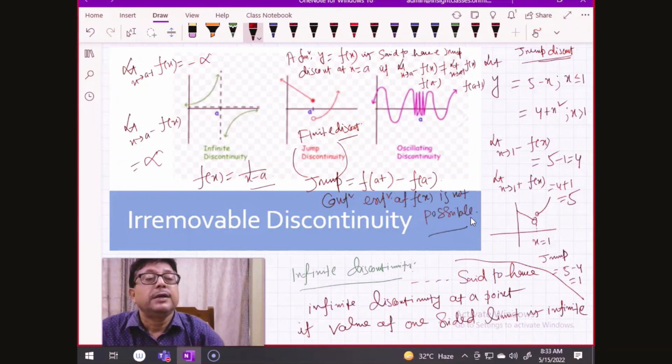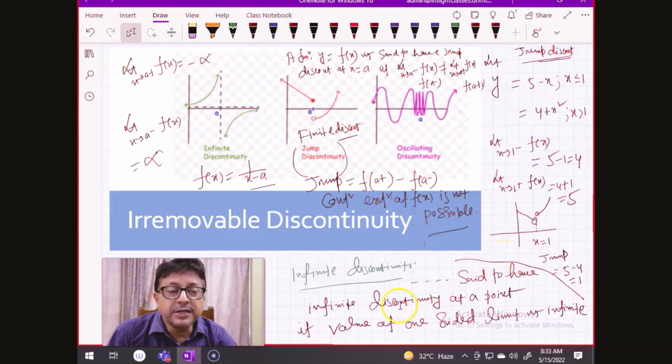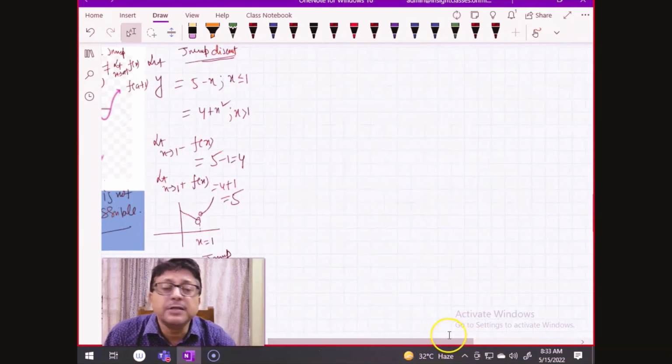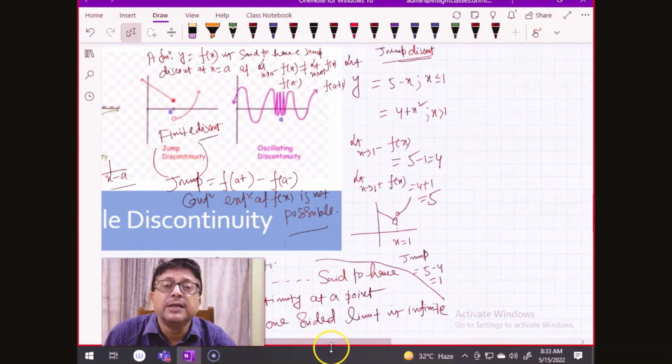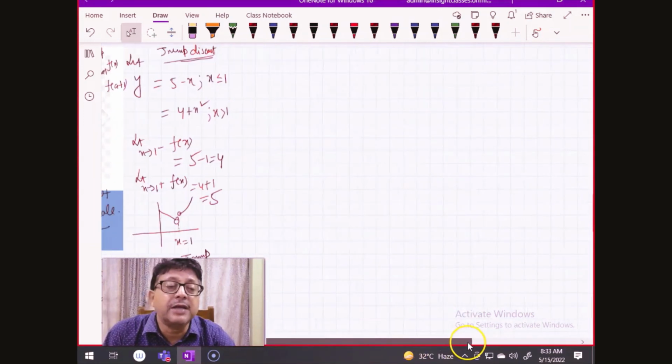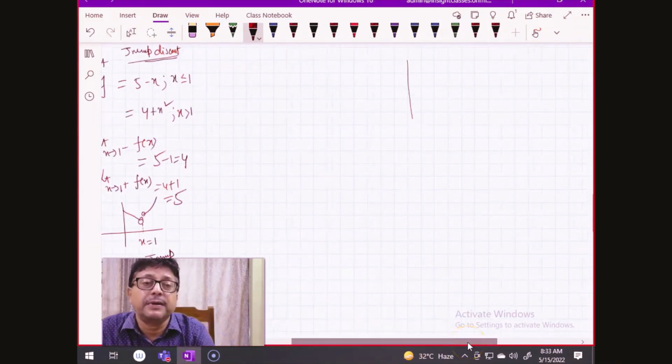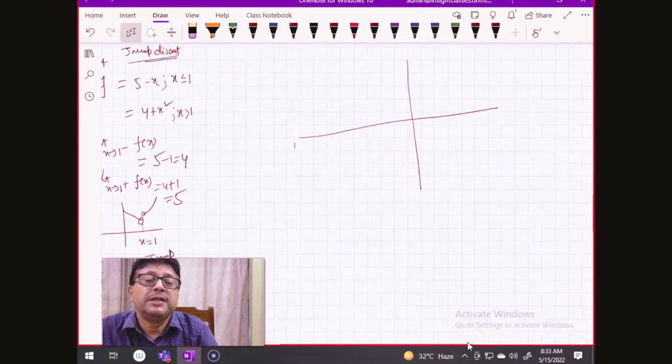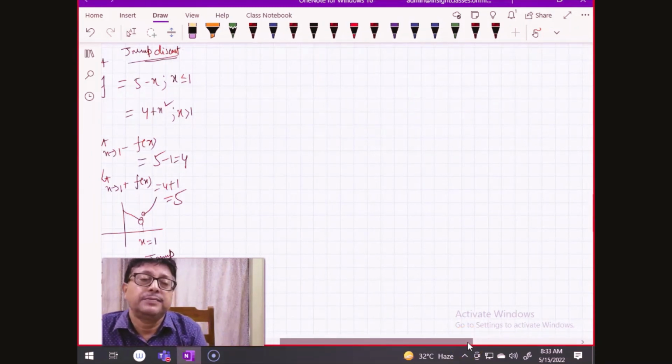Alright? Then you go for oscillating discontinuity, the third kind of irremovable discontinuity. The graph of the function is quite obvious here. At this point x equal to a, it is oscillating. Better I take the example of the sine 1 by x graph. This f(x) equal to sine 1 by x graph.